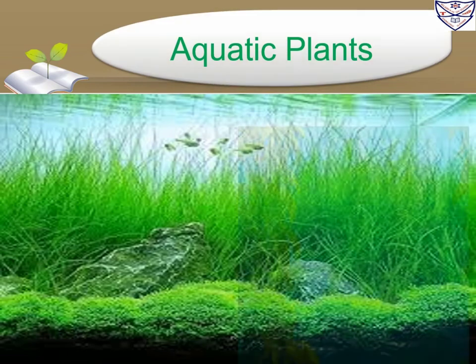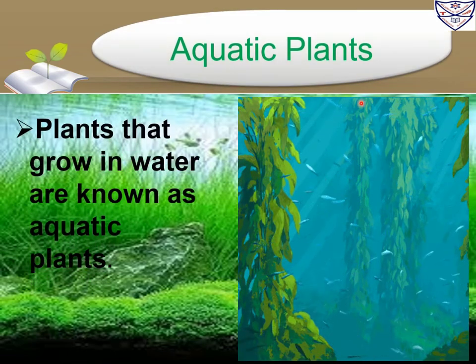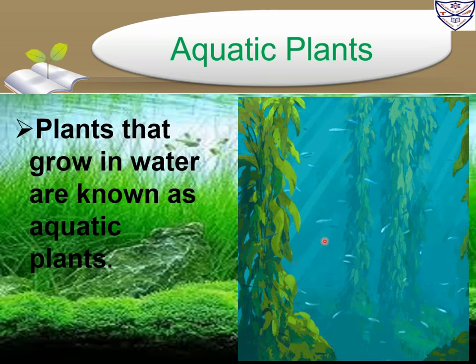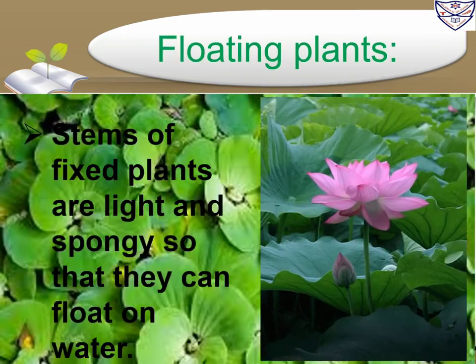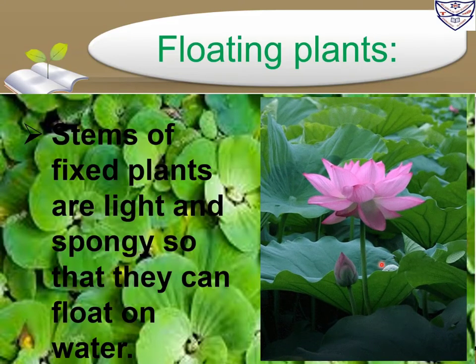Aquatic plants. Plants that grow in water are known as aquatic plants. They are of three kinds: floating plants, fixed plants, and underwater plants. Floating plants. Stems of these plants are light and spongy so that they can float on water.